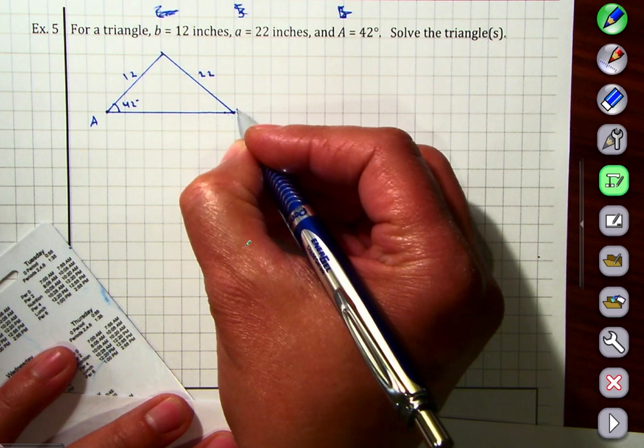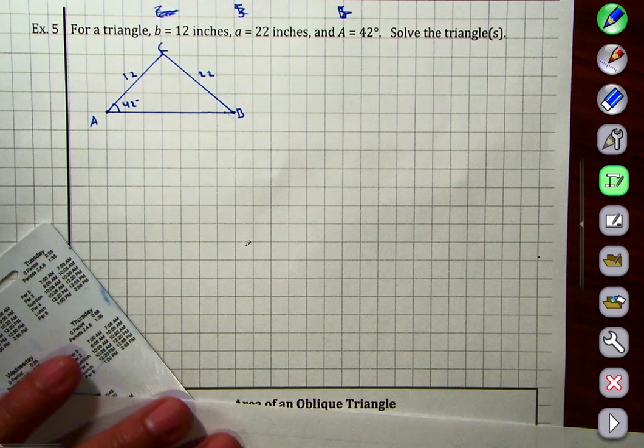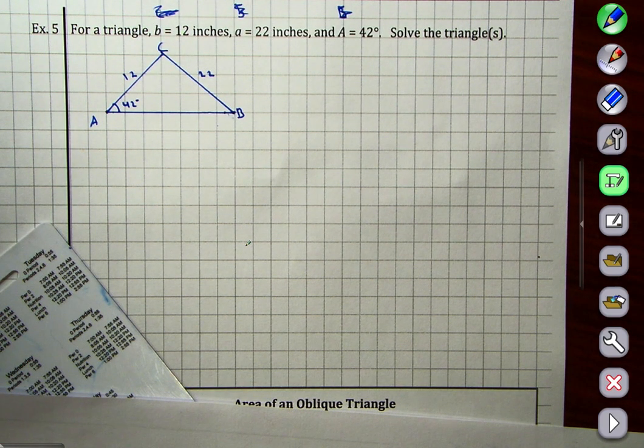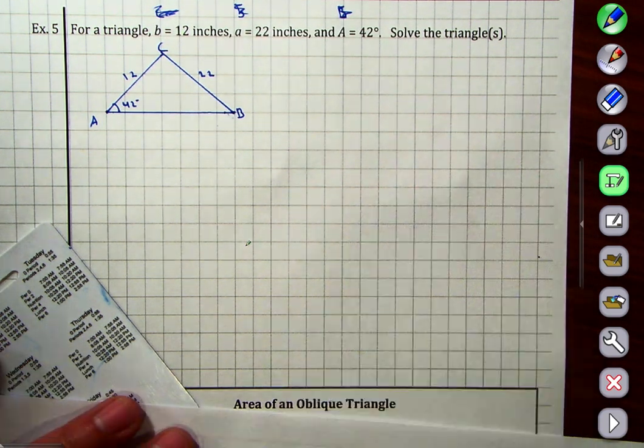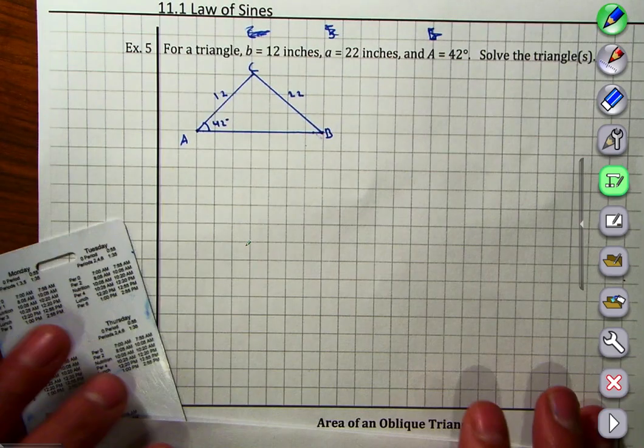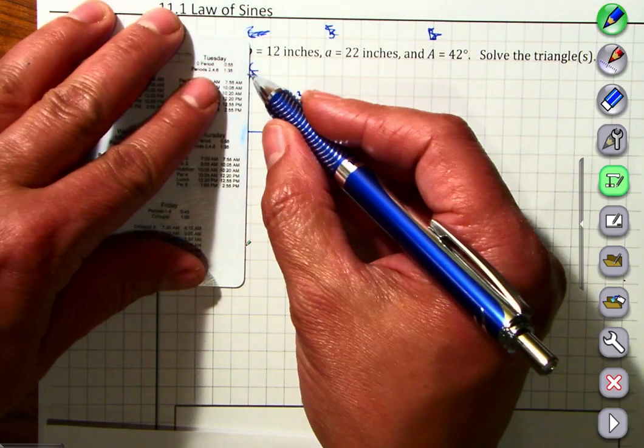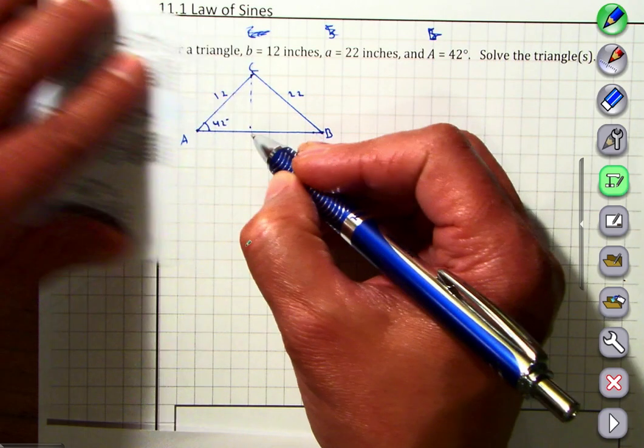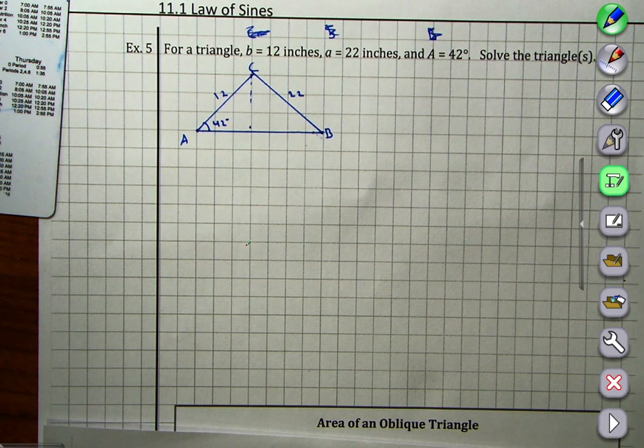So this is angle B and that's angle C. Now I'm going to find the height to determine whether we do have a triangle or not. In this case, we should have at least one triangle just by looking at it.